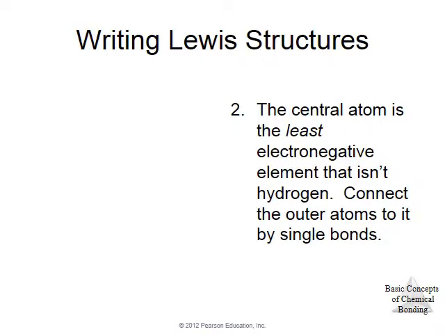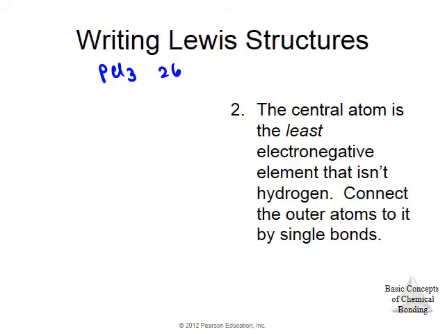Now we already calculated the valence electrons for PCl3, so let's write that down. The total number of valence electrons is 26, and when you write down the Lewis structure, we must account for all these 26 electrons. Now we need to pick the central atom.